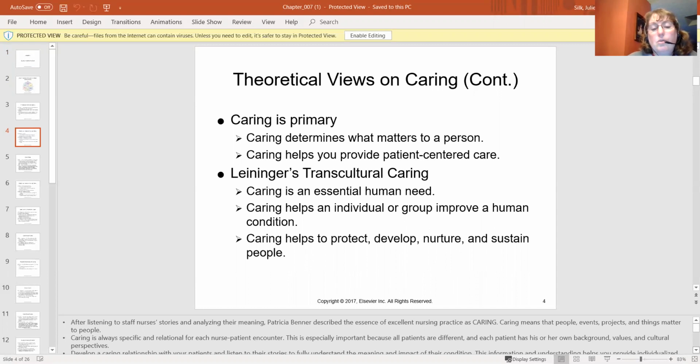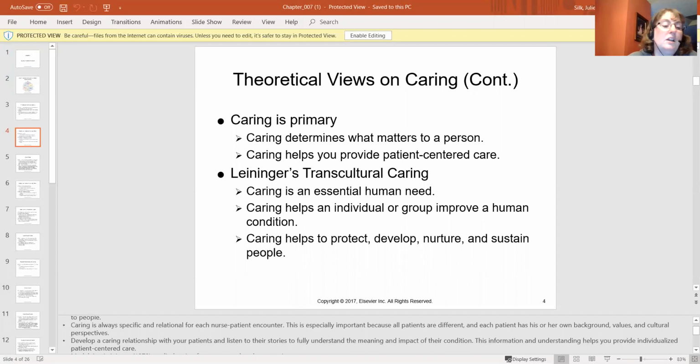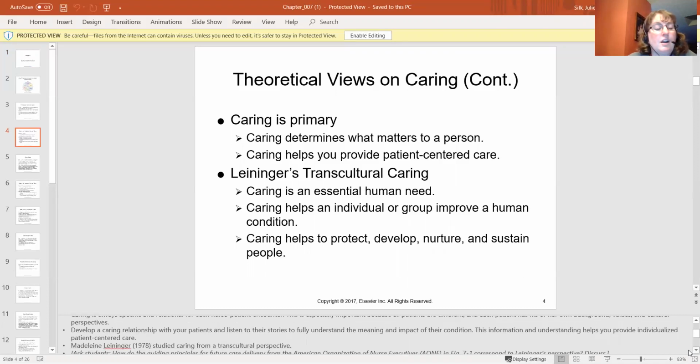This is especially important because all patients are different and each patient has his or her own background, values, and cultural perspectives. Developing a caring relationship with your patients and listening to their stories to fully understand their meaning and impact of their condition is important. This information and understanding helps you provide individualized patient-centered care.